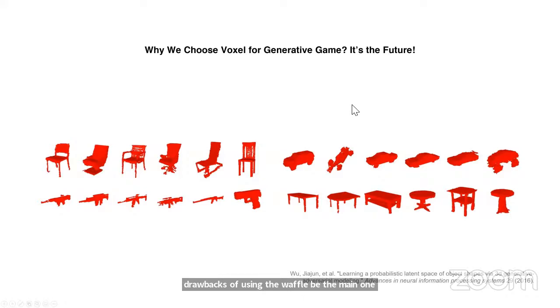The main one is that it's very expensive to use, because in mesh modeling you always use a shell to represent the solids, but in the voxel setup you use a solid to represent a solid. So it's not just a shell for the 3D objects, but you also have the opaque flesh inside the shell.